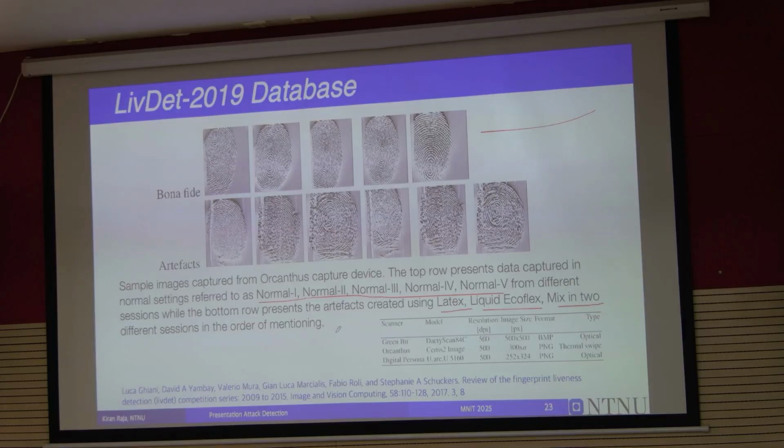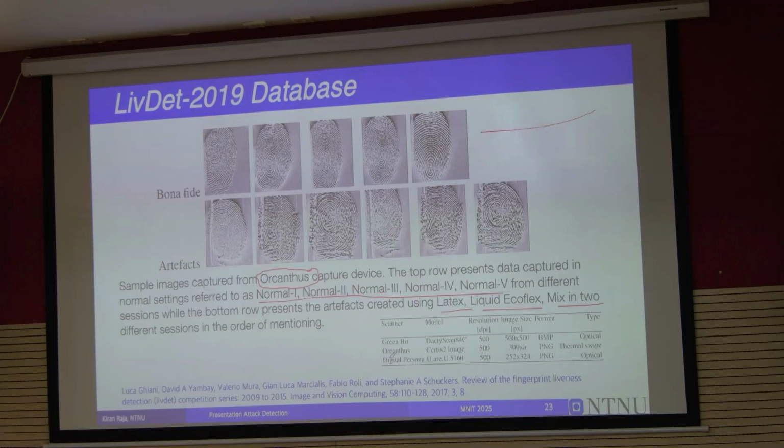And again, there is this third variability, which is what device we are using to capture this. These devices are very easily available on Amazon and so on. So you can buy one of those if you want to create your own dataset for your research. Also less than 2,000 rupees or so, very low cost. And all the materials that you need to create those samples are also very easily available.